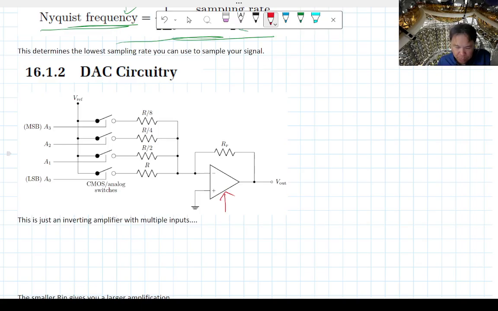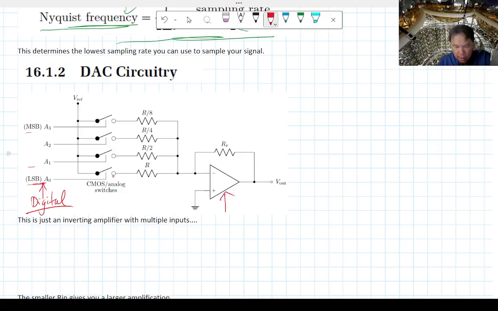So this little circuit is called a DAC circuit, where along the left here, you have different digital values. These digital values, for TTL, are going to be 0 to 5 volts. Depending on whether the input is 1 or 0, you're going to have 0 or 5 volts here. So this is the digital side of your system.